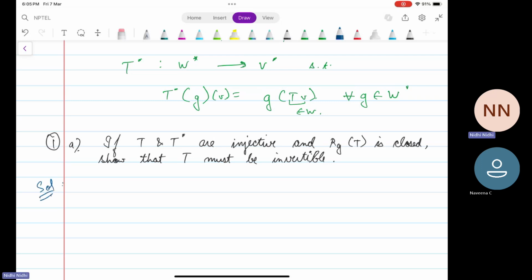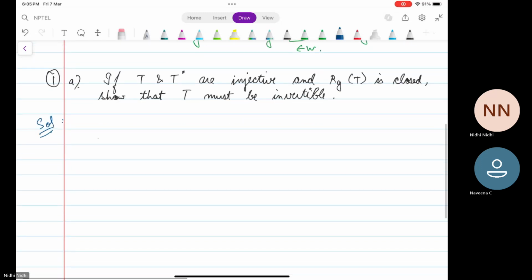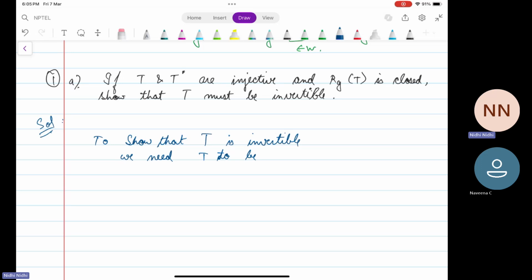Solution. To show that T is invertible, we need T to be surjective, because it's already given to be injective.